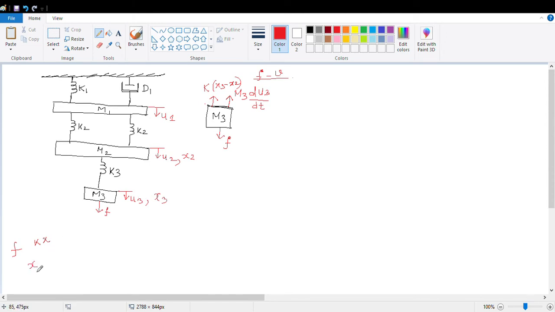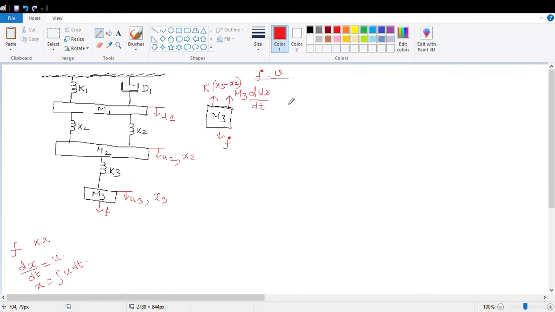The relation is dx dt equal to u, so x will be the integration of u dt. So when we write it in the equation, we can also write it as the integration of u3 dt minus the integration of u2 dt. As it is a free body diagram, I am writing it in this way.